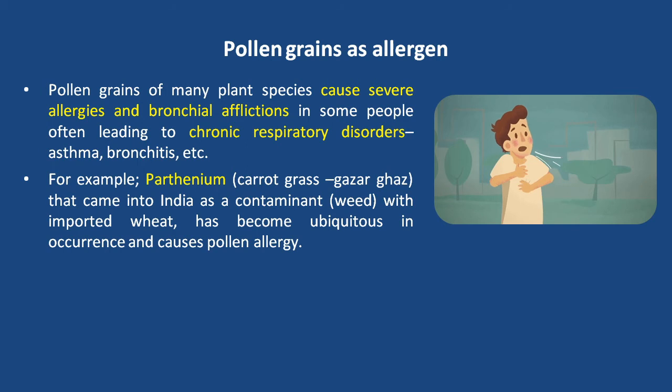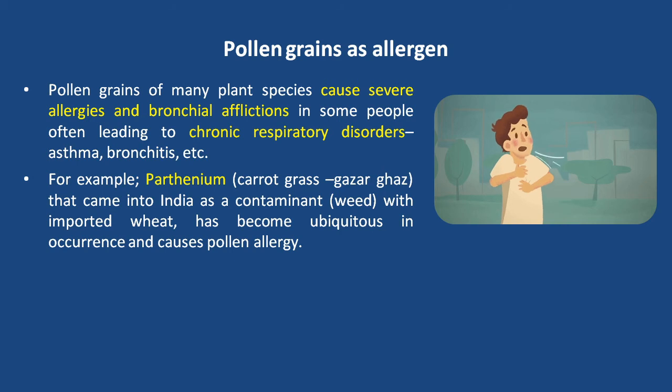One of the most common examples of allergen is Parthenium, which is also known as carrot grass, gajar grass. Parthenium came to India as a contaminant of wheat, unwanted grasses along with the imported weeds, and later started growing in India, and these are now available almost in all states of India.